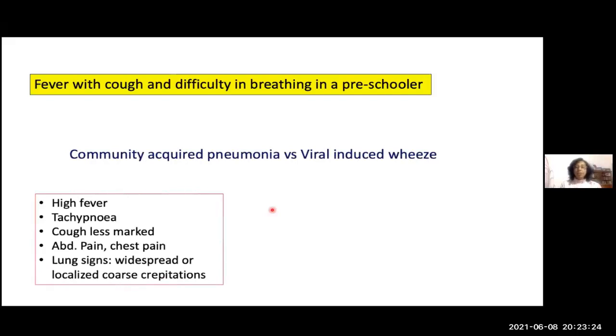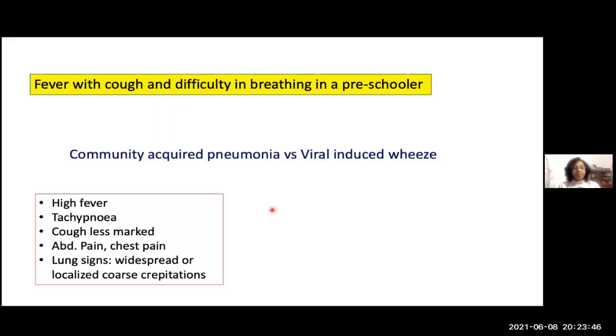Right. So in a pneumonia, again, high fever and tachypnea are the important features, whereas cough may be less marked in an older child. Such a child may complain of abdominal pain due to diaphragmatic irritation, or pleuritic type of chest pain. Right?